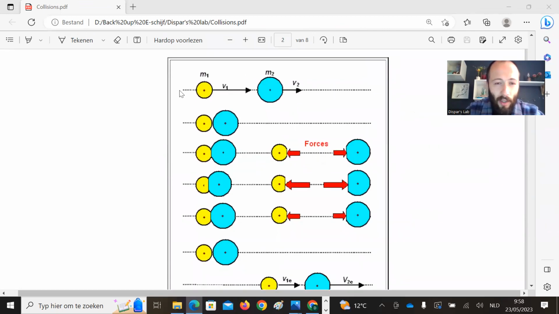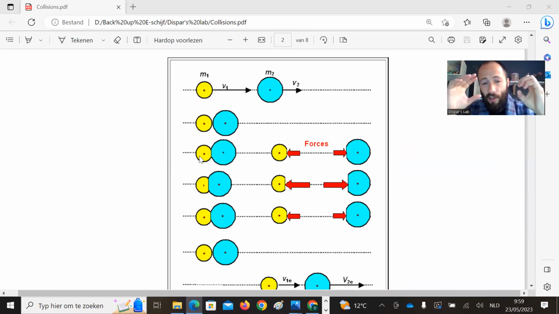We see here some drawings. We've got a yellow sphere, mass one, colliding into the blue sphere, the bigger mass. In this case, they are both initially traveling in the same direction, but mass one has a bigger velocity, so it will eventually collide into mass two. In the next phase, there is a contact point where they just touch, but don't compress yet. Then they start to press into each other. There will be compression, and so both will be exerting forces against each other.